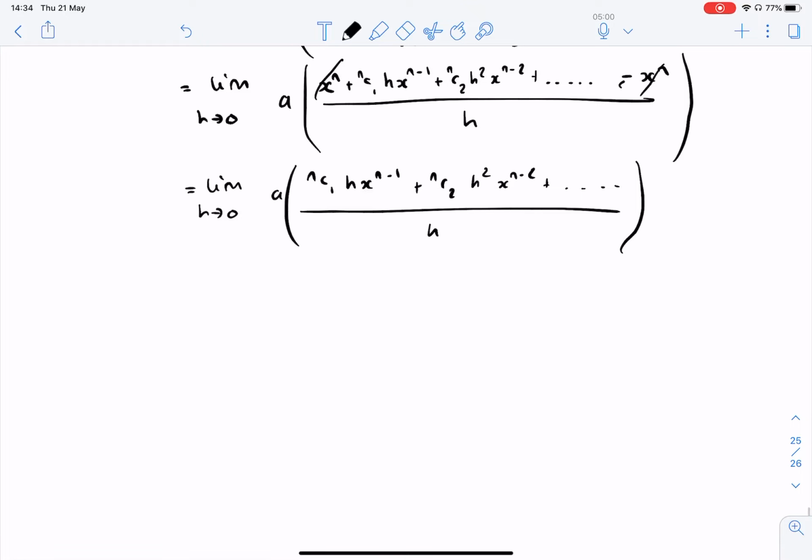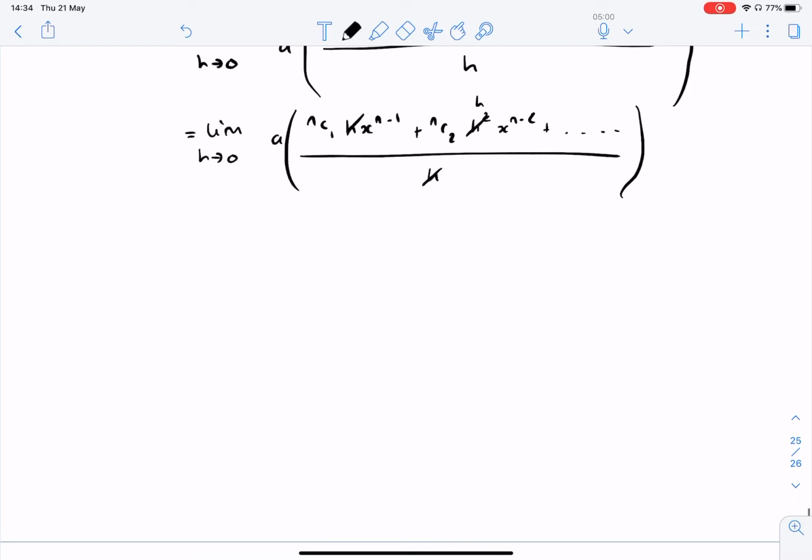You should probably see that this would cancel out, leaving just h, and all of these terms would lose 1 power of h on the numerator. So you get left with n choose 1 x to the n minus 1 plus n choose 2 h x to the n minus 2, and that goes on and on and on.